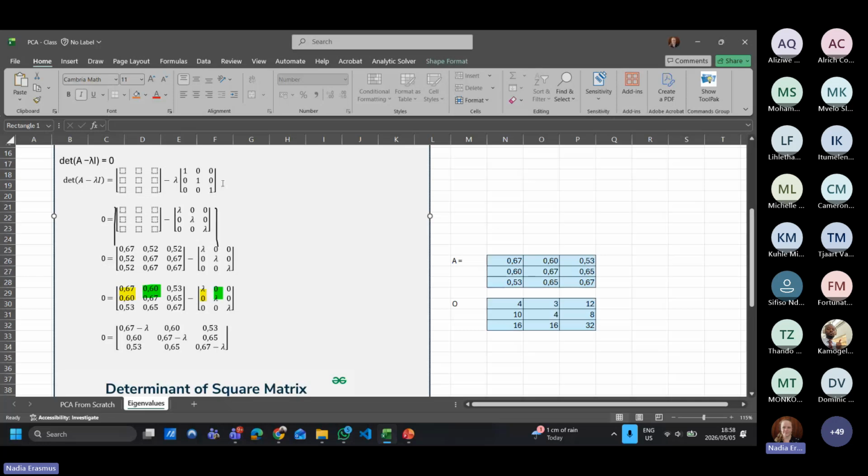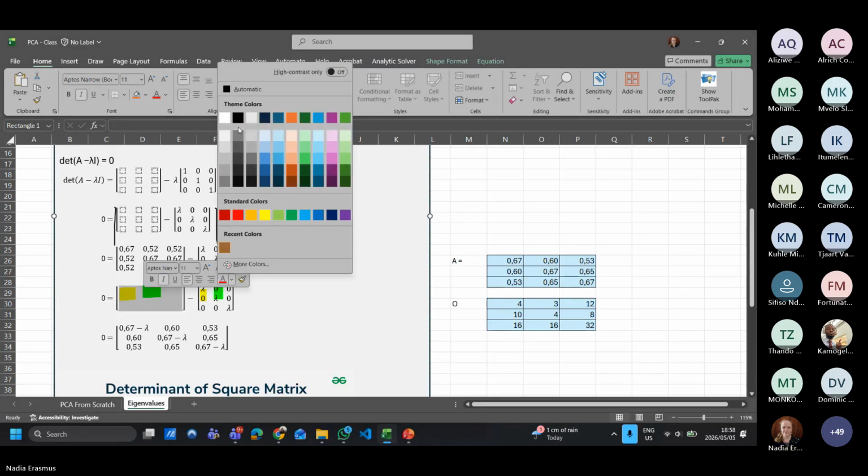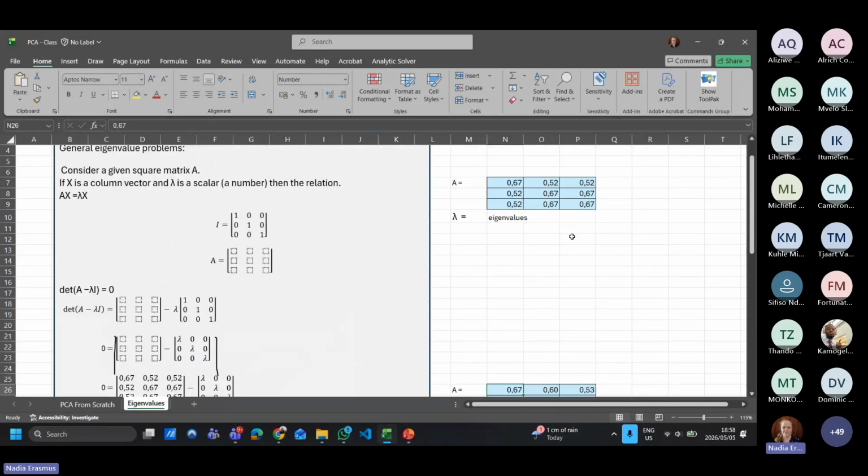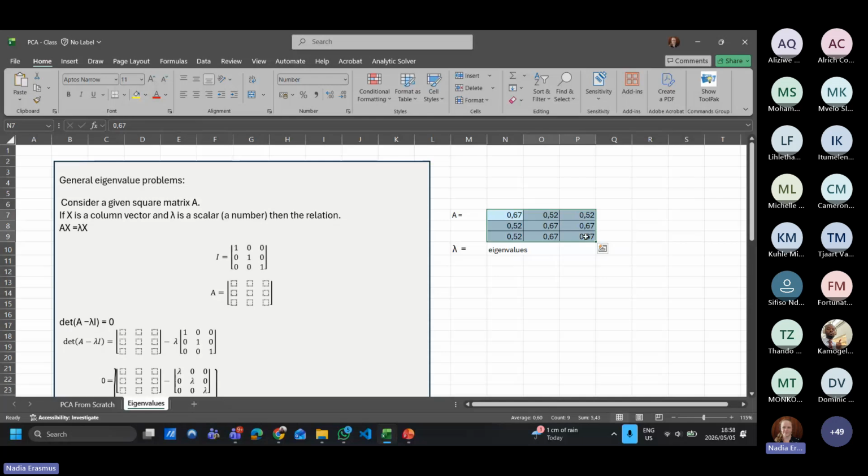Okay, so this is how we're going to rewrite it, and we're going to get the determinant of it. I'm just going to copy and paste this one over. Okay, my A changed.